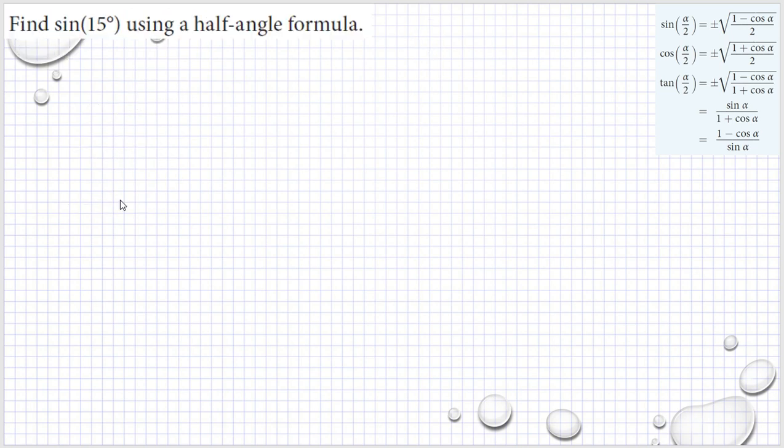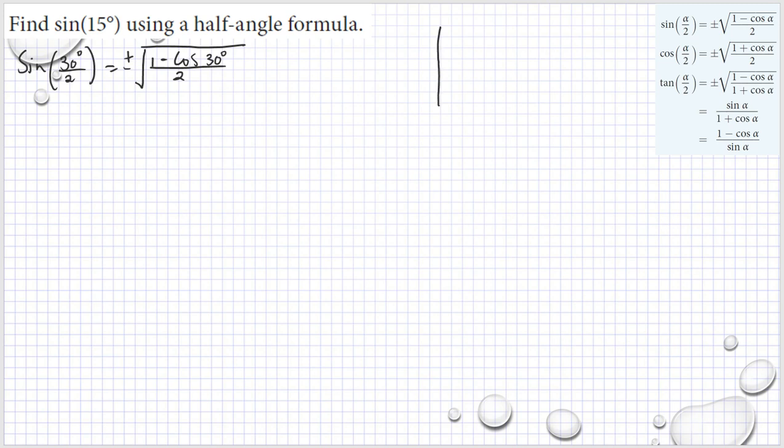Okay, the first example in this half angle formula, find sine 15 degrees using a half angle formula, let's say without a calculator. So we have sine 15 degrees is the same as 30 degrees divided by 2, equal to plus minus the square root of 1 minus cosine 30 degrees divided by 2, according to the formula.